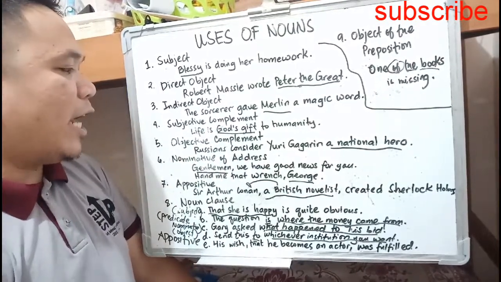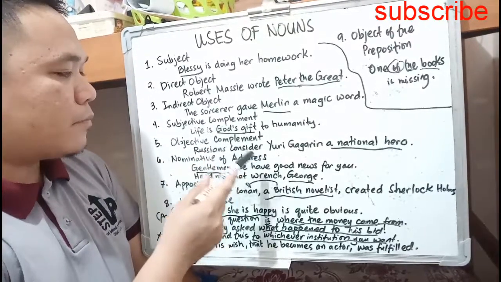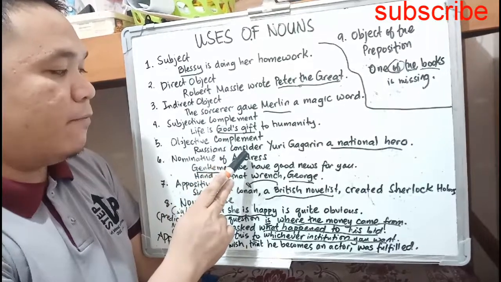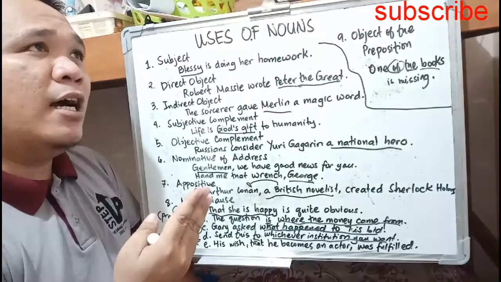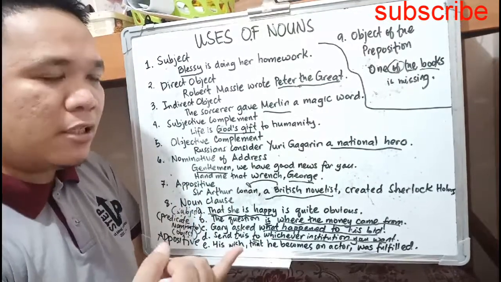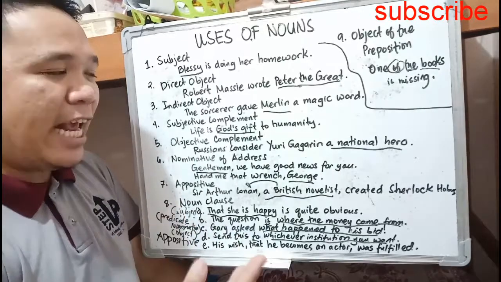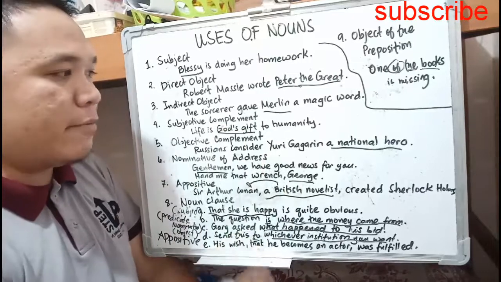Next, number five, we have objective complement. It is actually used with transitive verbs such as consider, appoint, name, and some other verbs that will refer back to the direct object.